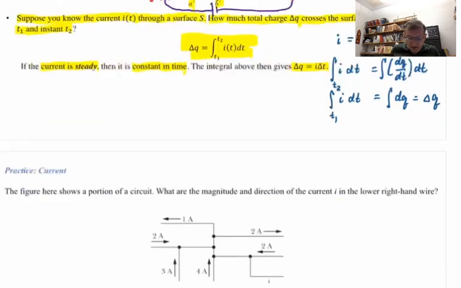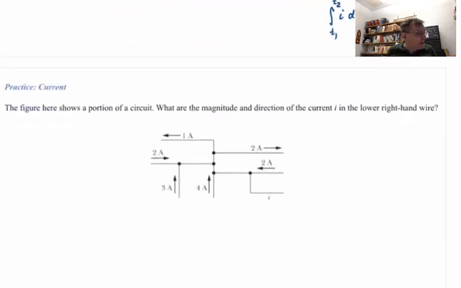Let's do a little quick practice. Using the concept of electric current, here is what looks like maybe a weird connection of conducting wires. We're not seeing all of the parts of the circuit, just a certain area.